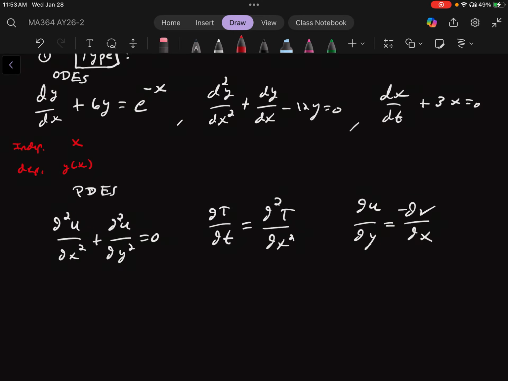That's the goal, is to find what is y as a function of x, given the relationship between the function y and its derivative, as well as x. In the second equation, similarly, x is the independent variable, and y is a function of x, the thing we're looking for. And you'll notice in the last one here, the derivative is with respect to time. So t is now the independent variable, and x as a function of t is the dependent variable.